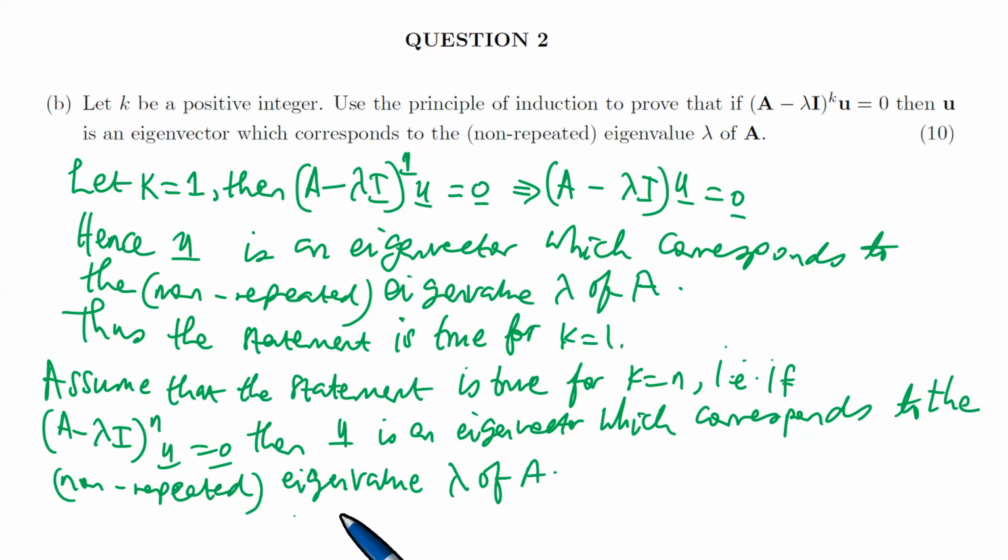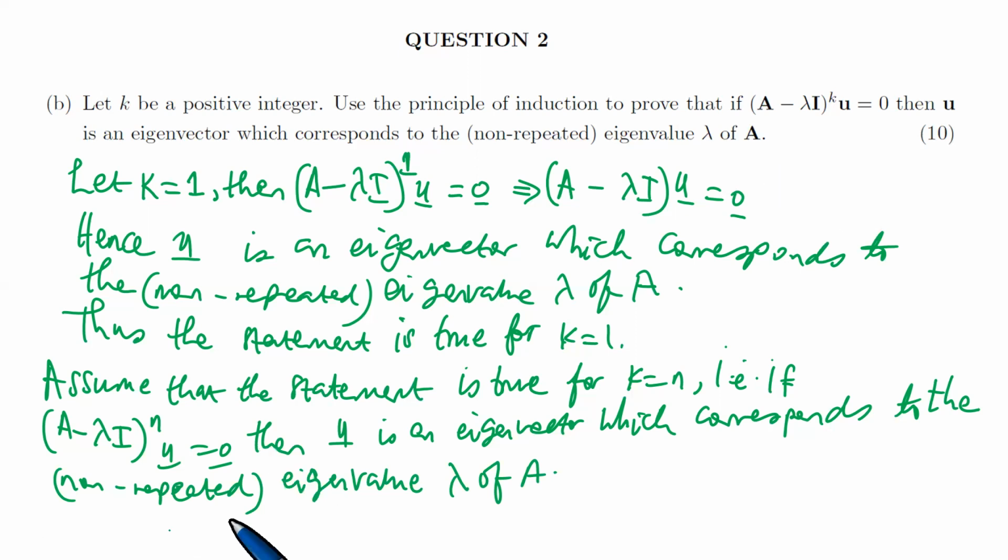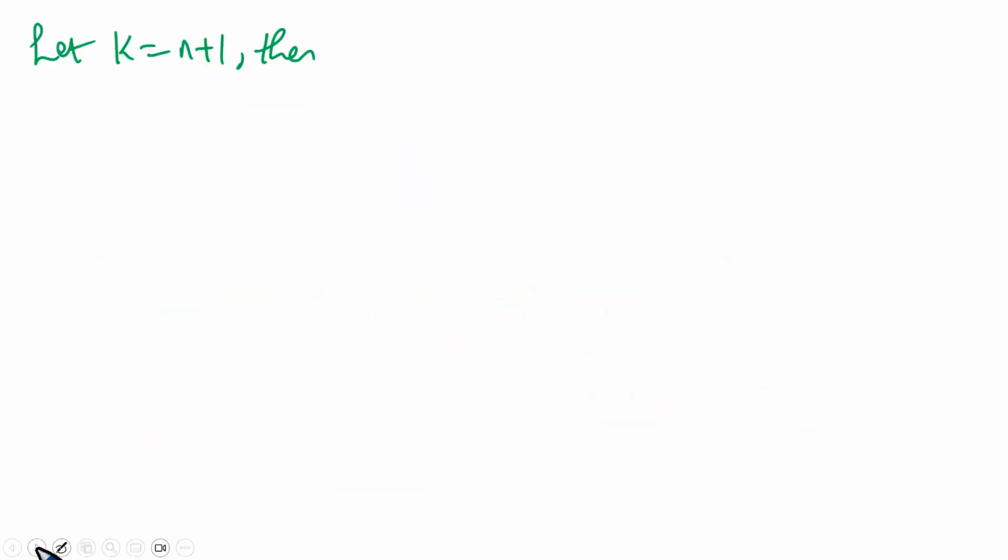Next, we just have to prove the last part. In the last part, let k be n plus 1. Then we can write the following expression. So what is there? It is (A minus lambda I) to the power n plus 1 times vector u.